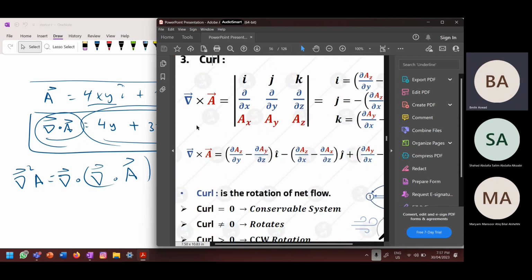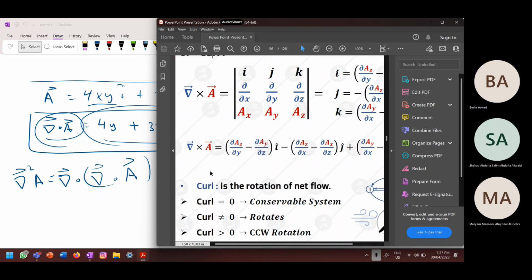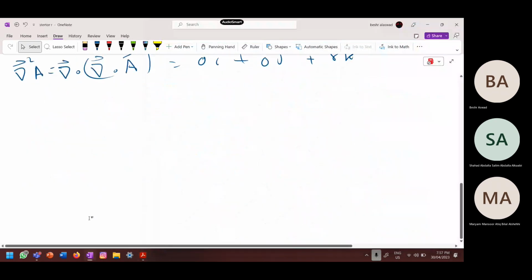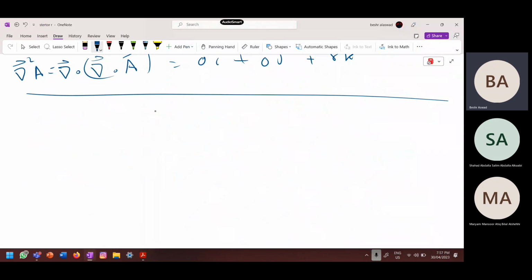The cross product of the gradient with a function gives you what's called curl. Curl is the measure of a rotation of a flow.